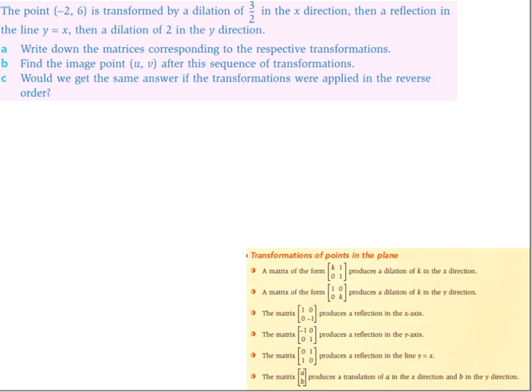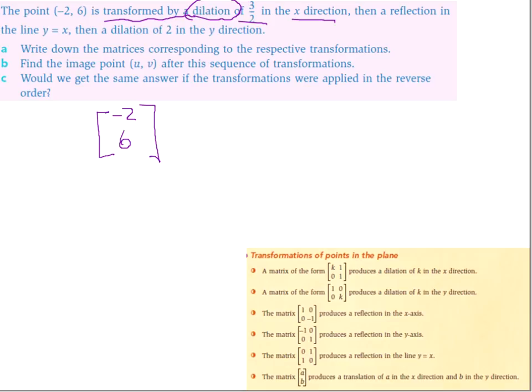Okay, let's do it. So, point -2, 6. You can put it like this: x coordinate first and y coordinate second. It's transformed by dilation of 1.5, and in the x direction.